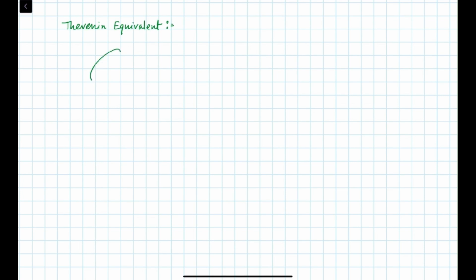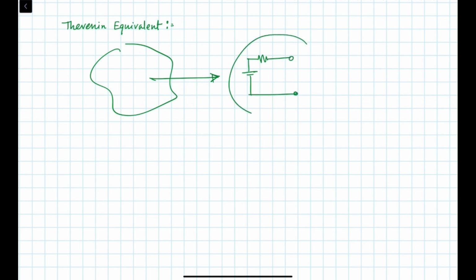So whatever circuit we have, we can just convert it to a voltage source and a resistance. So this is our Thevenin equivalent. It can be anything on this side. This voltage we call Thevenin voltage and this resistance we call Thevenin resistance, RTH and VTH.